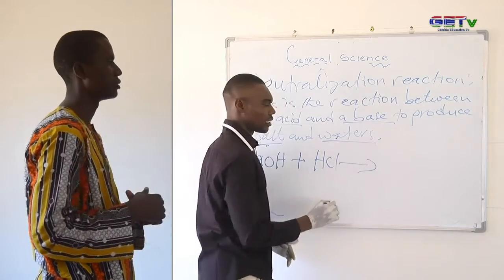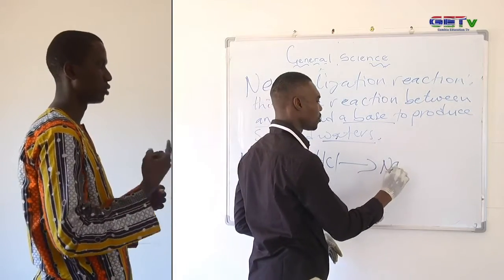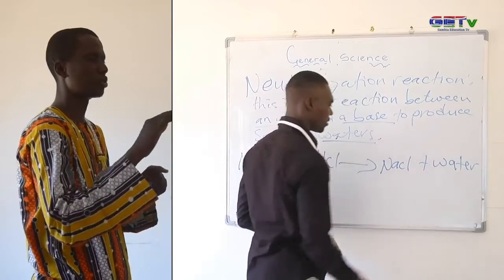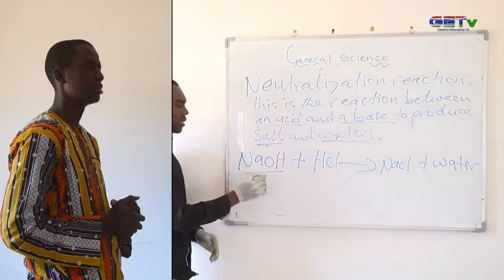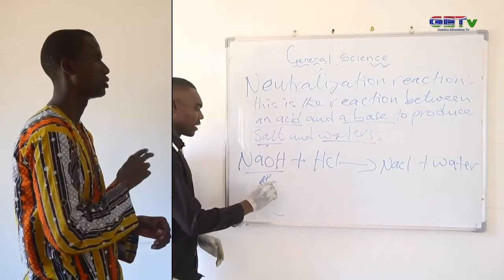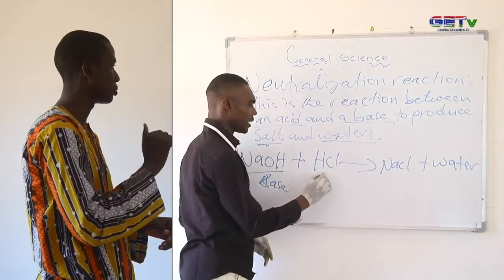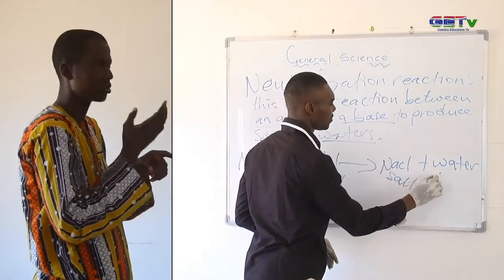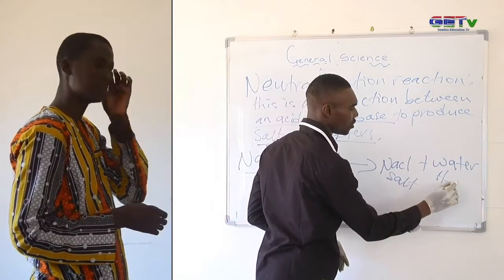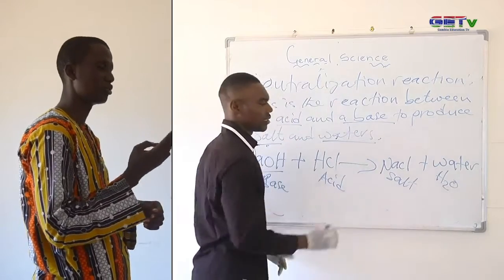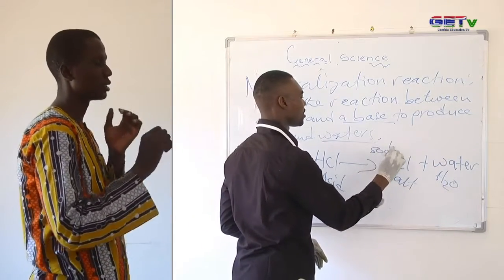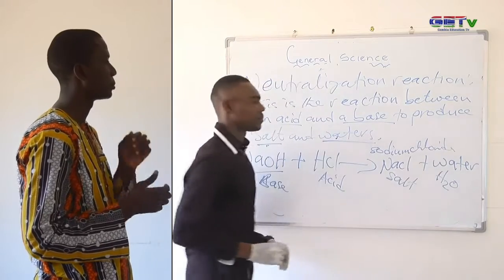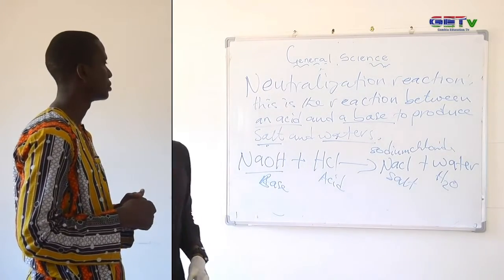They will produce a salt, that is sodium chloride, and water, H2O, please. So a base, sodium hydroxide, combined with an acid, hydrochloric acid, forms salt and water. This is sodium chloride as a salt, please. So take note of that.